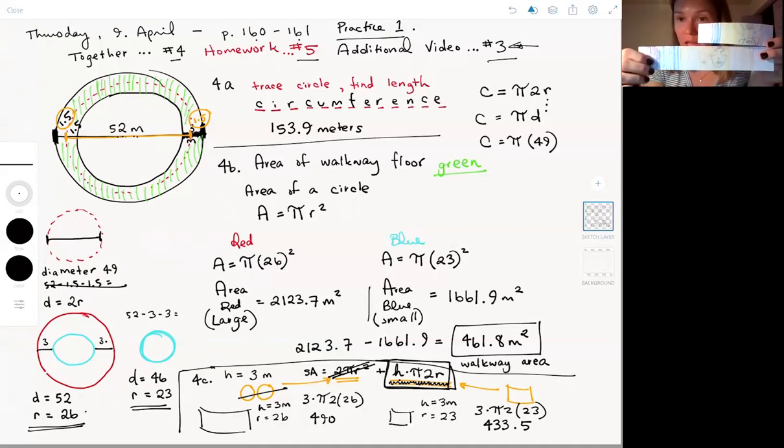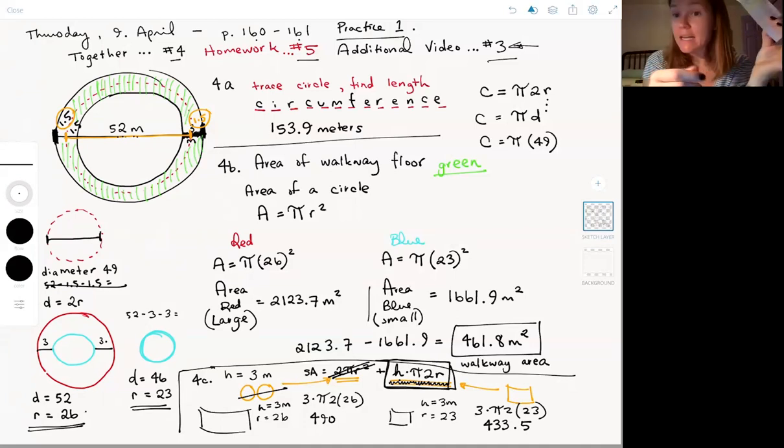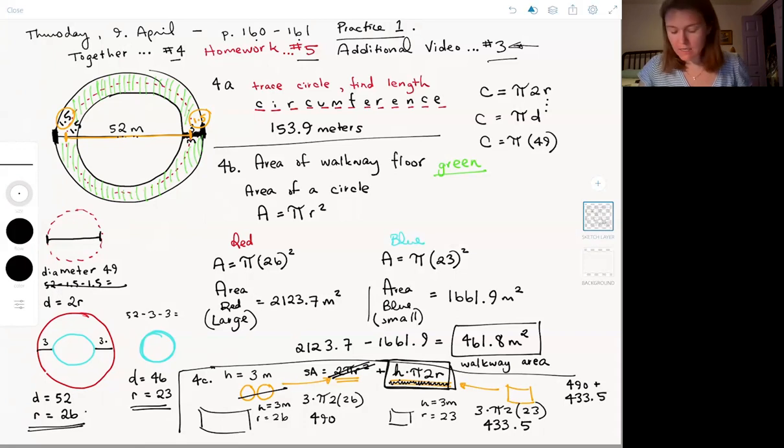These are both made of glass. In order to know the total glass that I need, I take this and add it to this. So I'm going to take those two values, 490 plus 433.5, and it's going to give me 923.5 meters squared. That's how much glass I will need in order to create the walls for my cylinder.